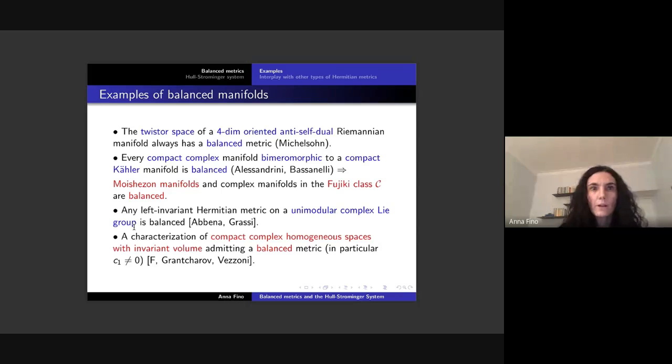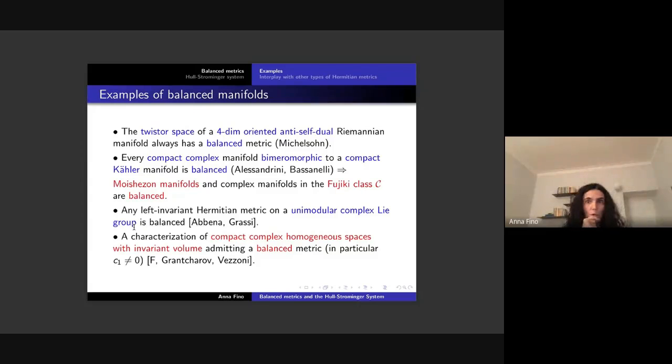That gives nice examples like Moishezon manifolds, which are bimeromorphic to projective manifolds and have algebraic dimension equal to the complex dimension, and complex manifolds in the Fujiki class C, which are again bimeromorphic to compact Kähler manifolds.